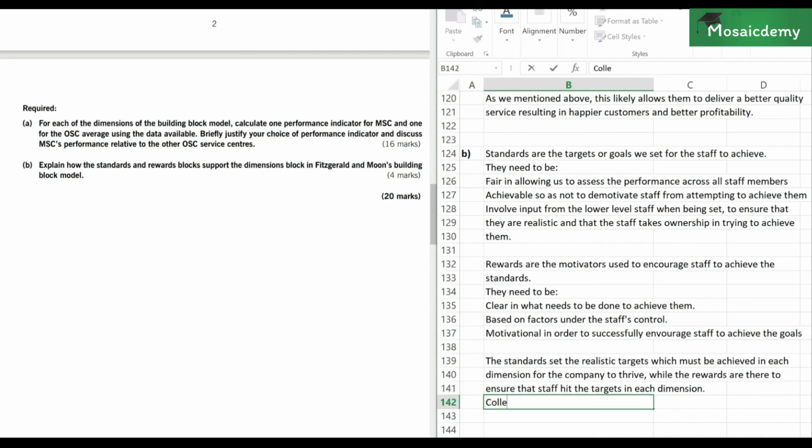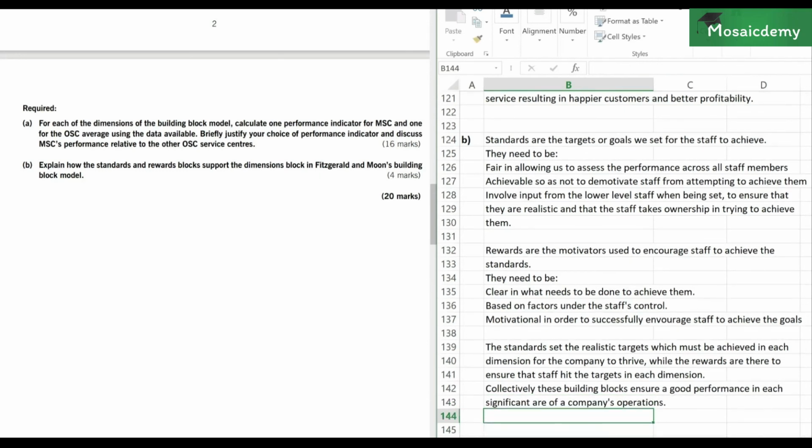Collectively, these building blocks ensure a good performance in each significant area of a company's operations. Alright, just for 4 marks, so we'll stop here and we're done with this part.